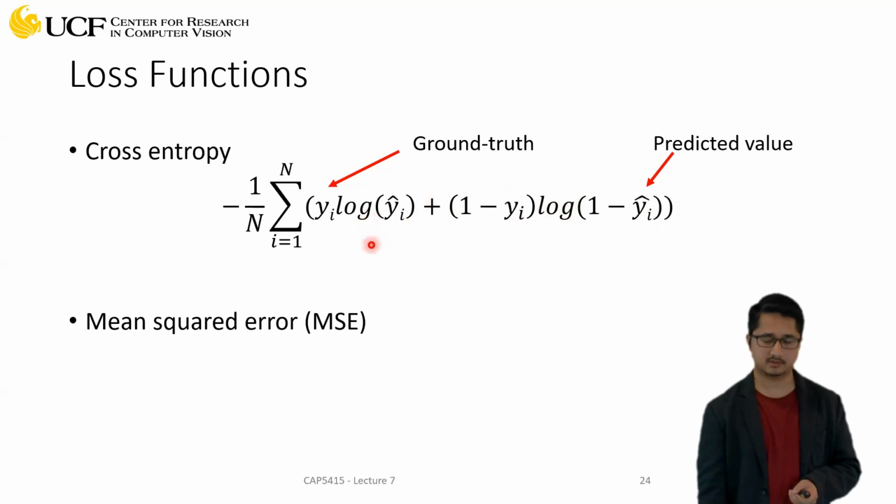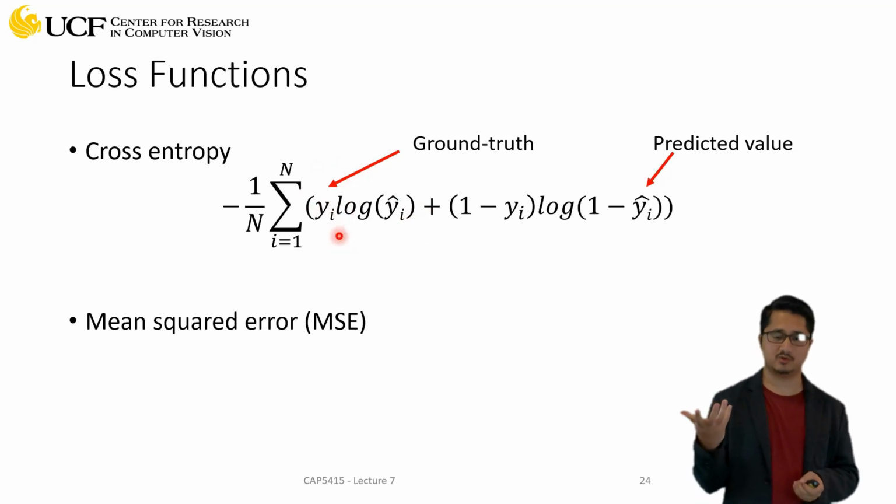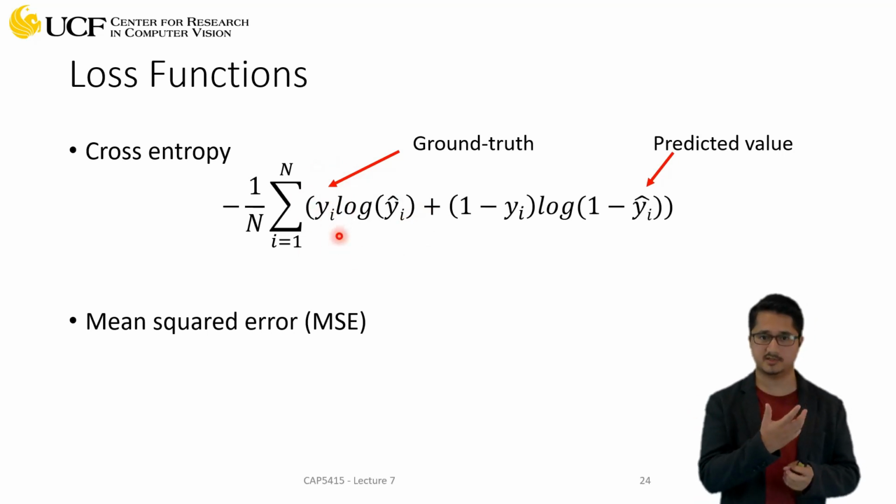Now let's come back to this one. Log 0, you know, is negative infinity, right? And this is 1, so this is going to give you negative infinity, and you have a negative sign outside, which makes this infinity. So if your network is saying it was not present, but in fact it was present, cross entropy is saying the loss is infinity, which is actually good.